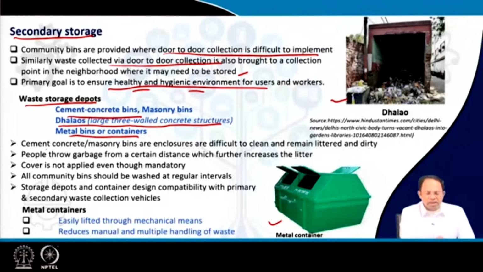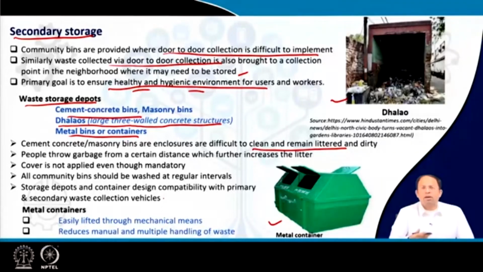So obviously cement, concrete and masonry bins are enclosures. These are difficult to clean and they remain littered and dirty most of the time. Why? Because people don't want to go near these areas, and they keep on throwing the garbage into these enclosures or containers from a certain distance.